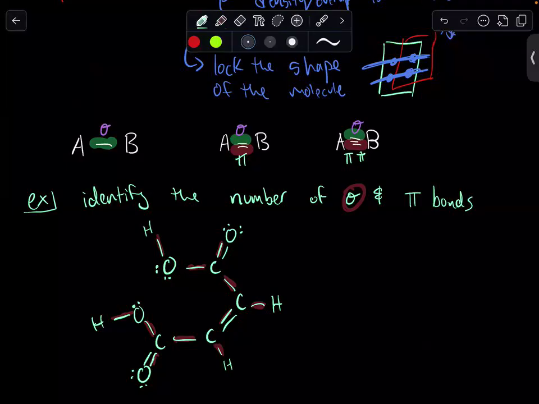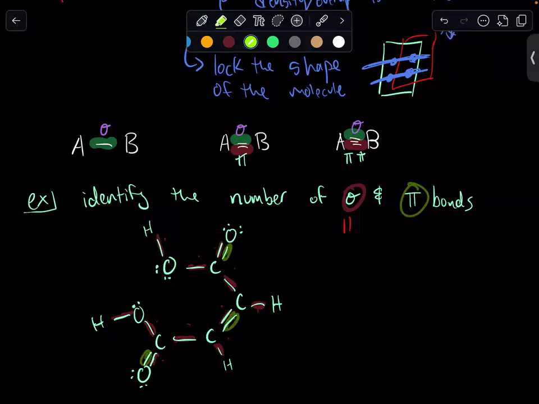So for our sigma bonds, we have 1, 2, 3, 4, 5, 6, 7, 8, 9, 10, 11 sigma bonds. All right, then for our pi bonds, all we have to do is count the double bonds or triple. 1, 2, 3. So we have 3 pi bonds, and that's it.